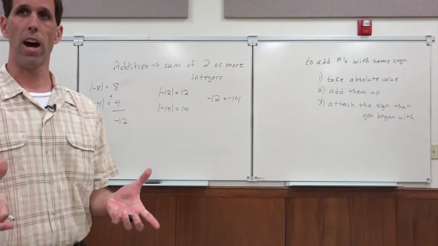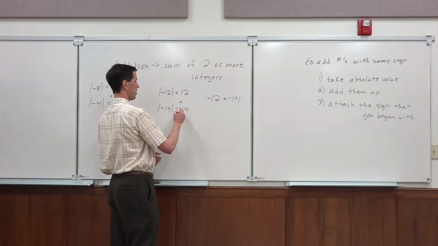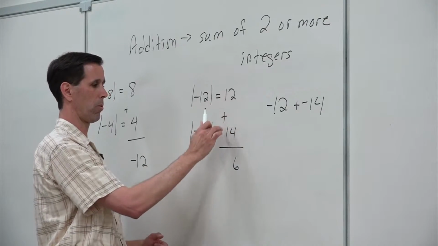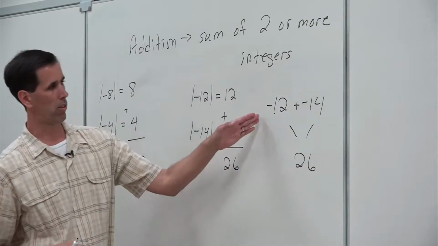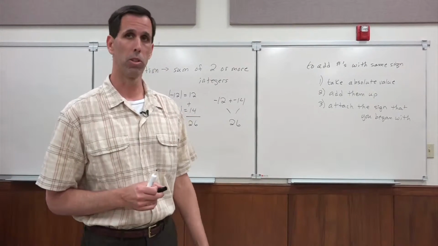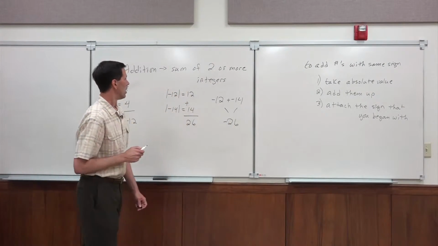So to get their absolute value, you've got 12 and 14. So then we want to add them up because they have the same sign. So 12 plus 14, 2 and 4 would be 6, 1 and 1 would be 2. So we would add them up and get 26, but then you've got to go back and remember you were adding two negative numbers. So the answer, therefore, must be negative. So you're going to make it -26.